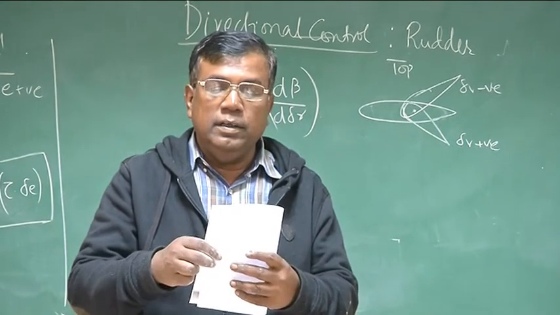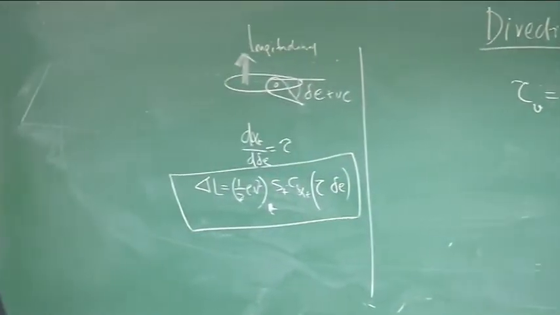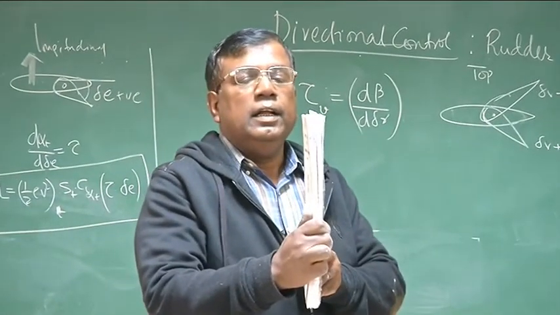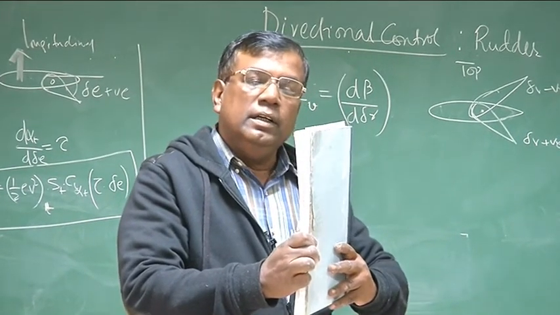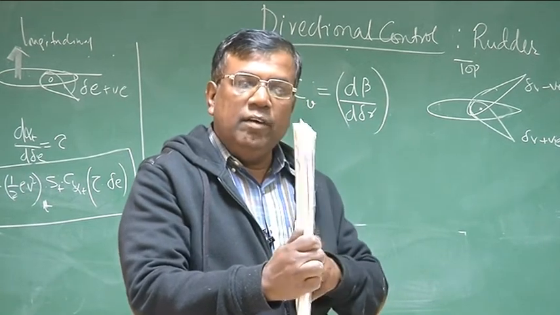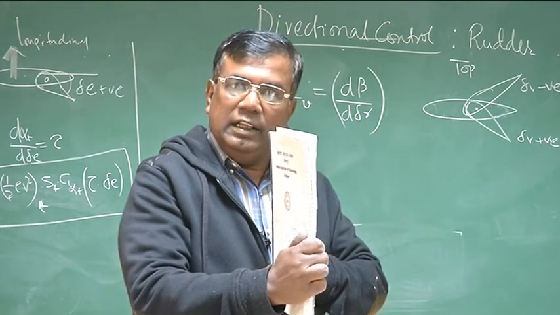Convention wise, if this is the vertical tail, or to be more illustrative, if this is the rudder part, then towards left is the positive delta r, and towards right is the negative delta r. Is it clear? Towards left, positive delta r. Towards right is negative delta r as the convention.